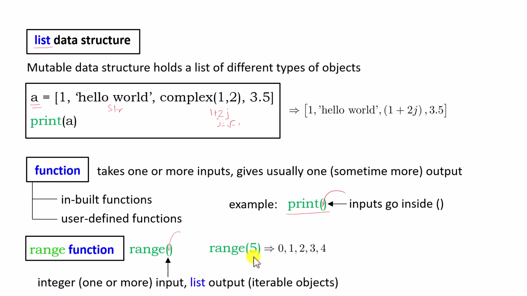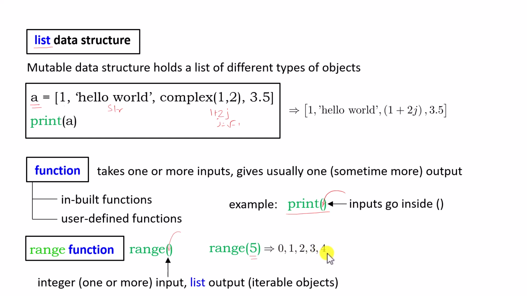So for example, I give an integer of 5. It will generate a list. That list will contain 0, 1, 2, 3, 4. So as I give 5, it starts from 0, and then with an increment of 1, it goes up to 4. Once it hits 5, the function stops there.